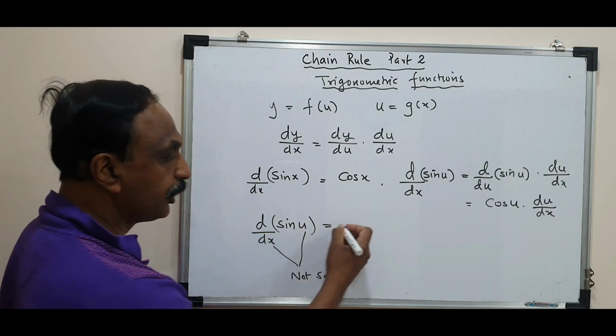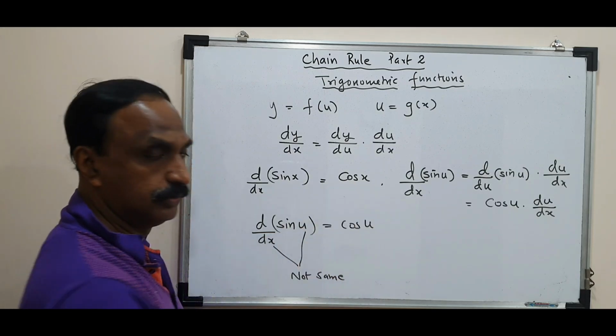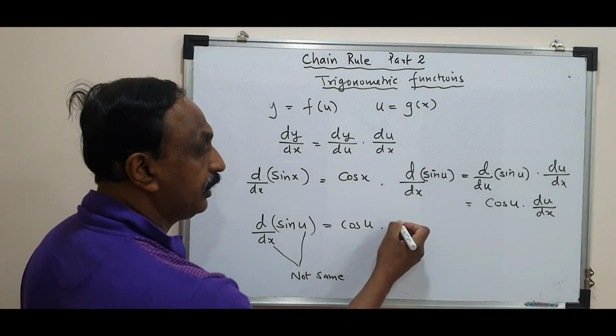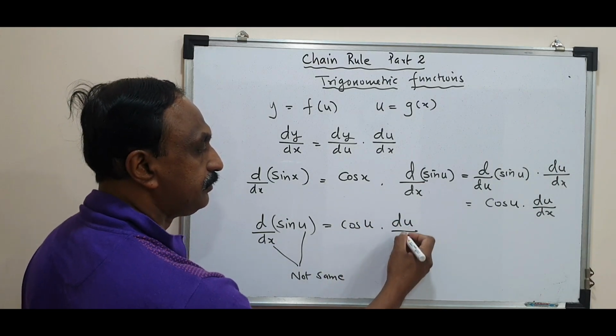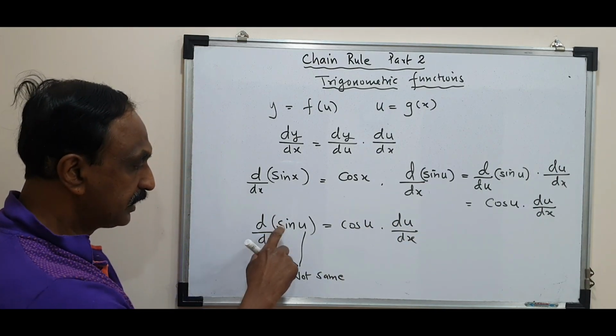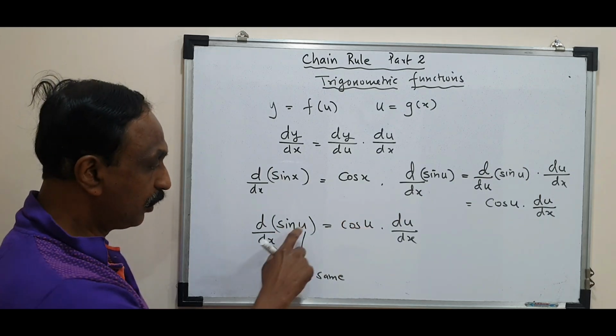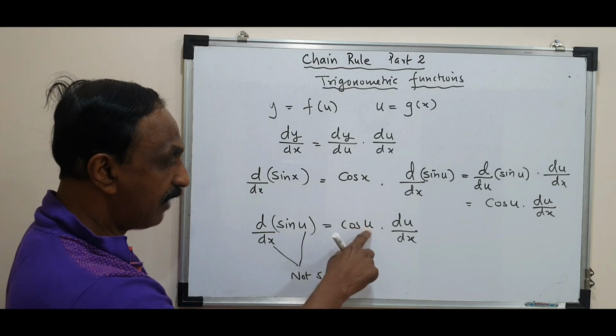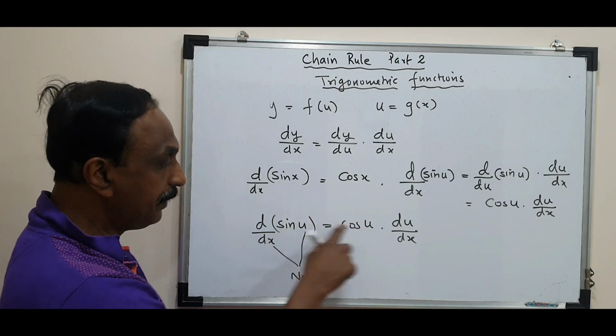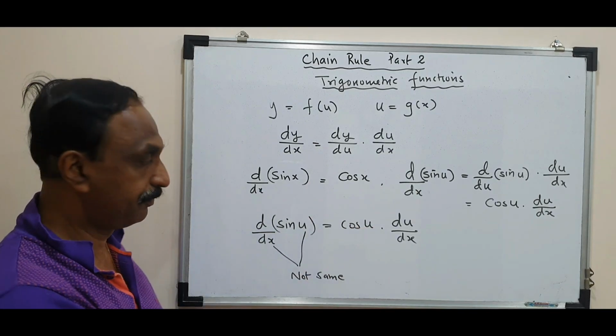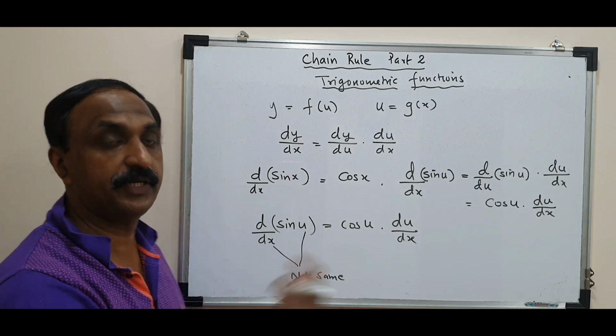So derivative of sin u is cos u into derivative of the angle. So the sin trigonometric part changes. The angle part does not change. What was the original angle of sin? U. After the derivative, what happened? The sin became cos, but the angle remained the same. And what extra? Derivative of the angle.